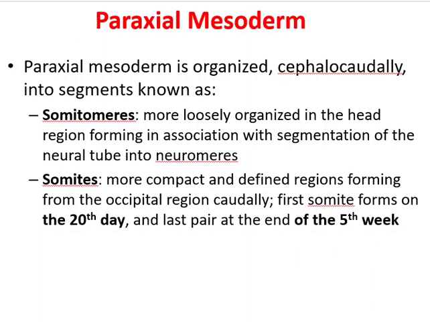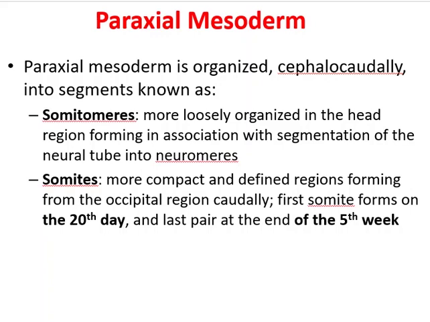Okay, the paraxial mesoderm is organized cephalocaudally and appears in segments called somitomeres. The somitomeres are more loosely organized in the head region, forming in association with segmentation of the neural tube into neuromeres.